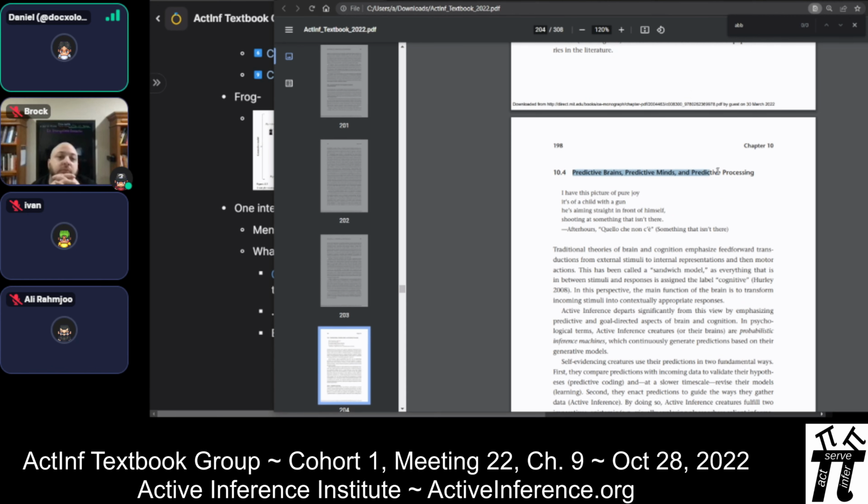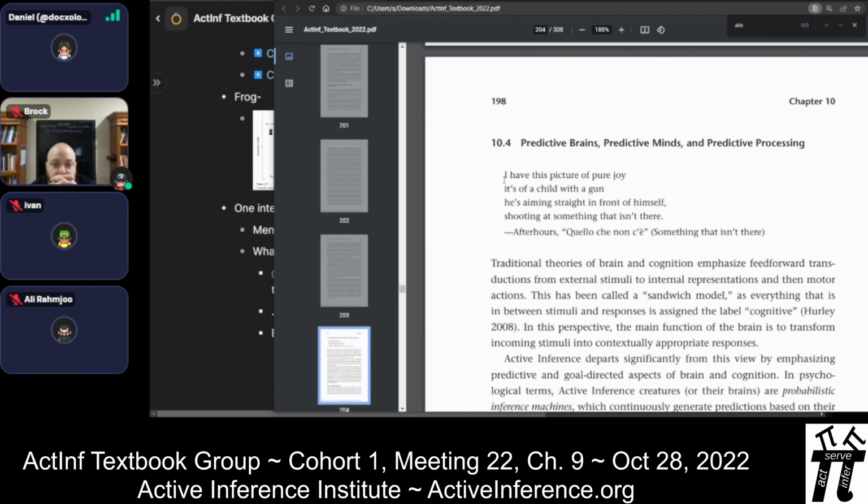Predictive brains, predictive minds, and predictive processing. Kind of a provocative selection.